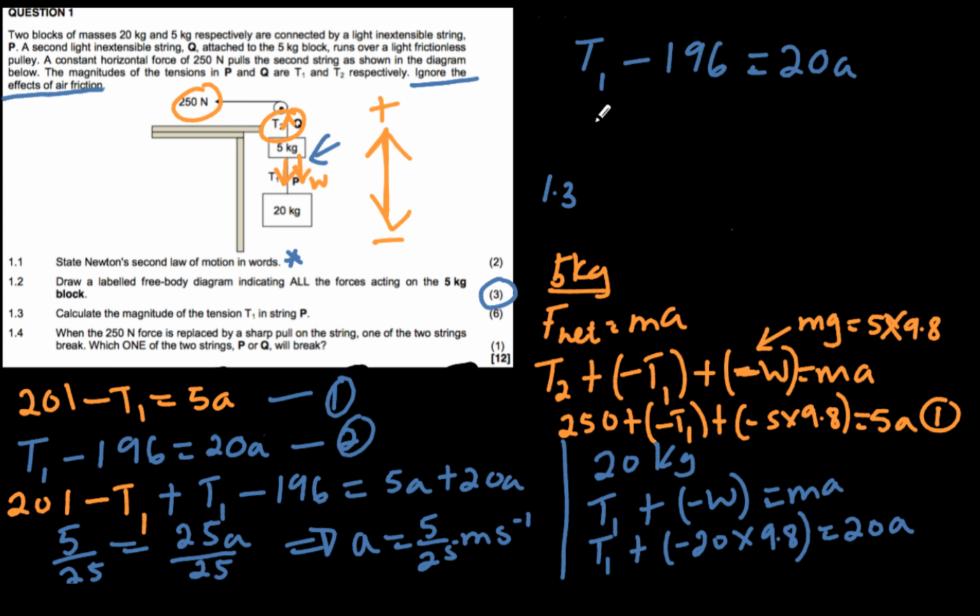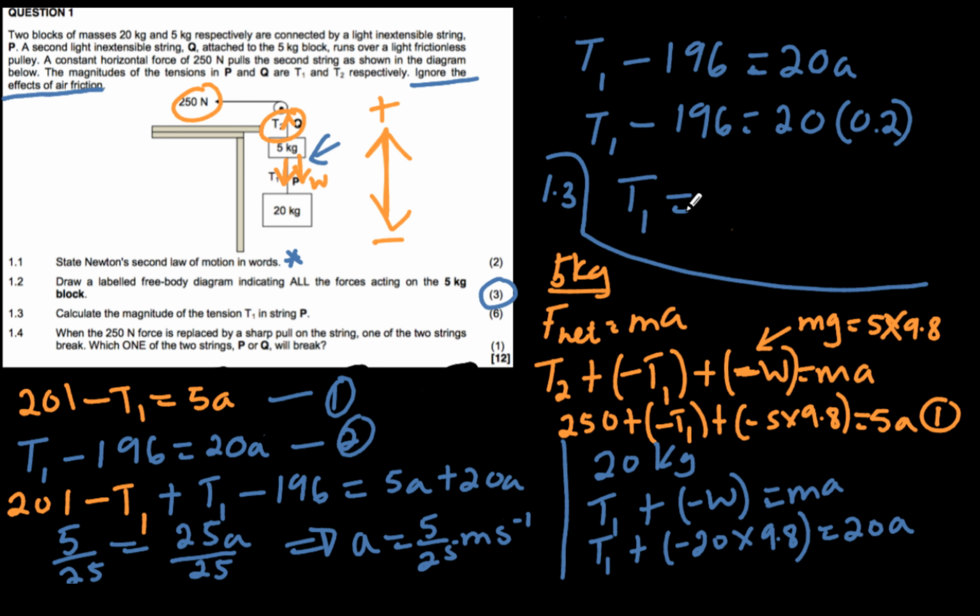To get T1, it's T1 minus 196 is equal to 20 times A, which is 0.2 or 5 over 25. And then I solve for T1. T1 is going to be equal to 200 newtons, and of course it's downward.